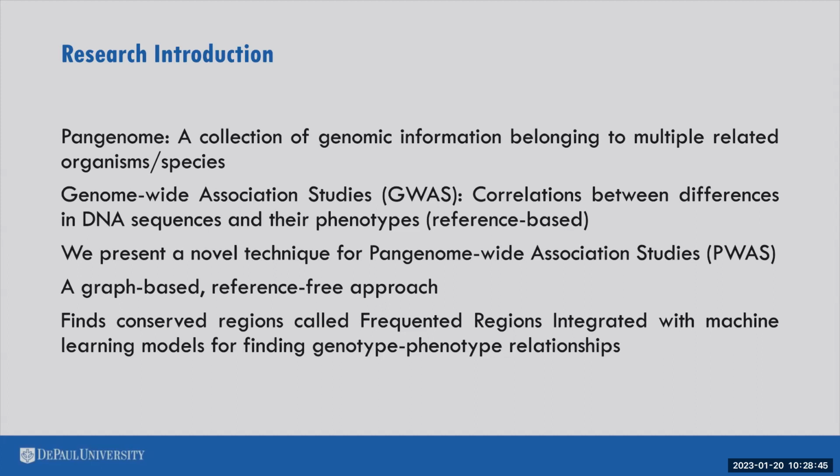Because if you look at the pangenome, you can always think about the core and the unique in pangenomes. So the frequented regions kind of represent the core in a way. And then we use these frequented regions in machine learning models and try to get the genotype-phenotype relationship for the population.